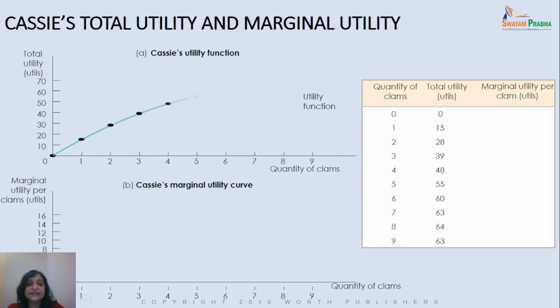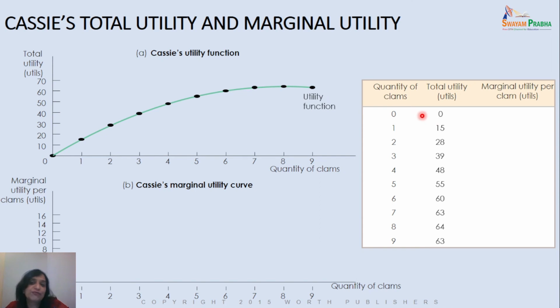Now let us take this particular graph and table, and this will explain this concept in a better way. We are taking Cassie's total utility and marginal utility. This is the quantity of clams Cassie has, from 0 to 9. Each clam is giving certain utility to her.